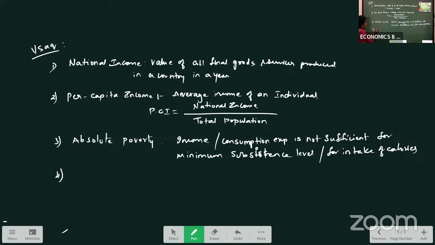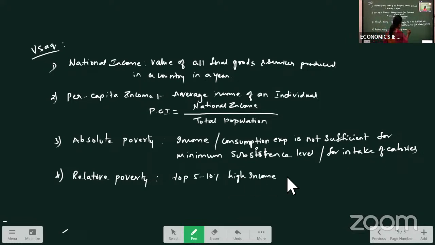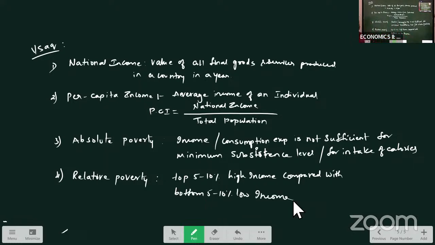Then next we have relative poverty. What is relative poverty here? The income levels of the top 5 to 10% of high income people are compared with the bottom 5 to 10% of low income people. That is called relative poverty.